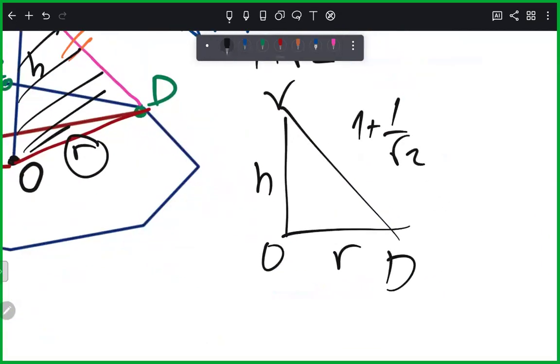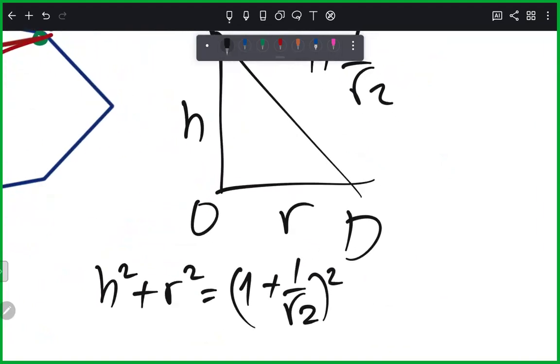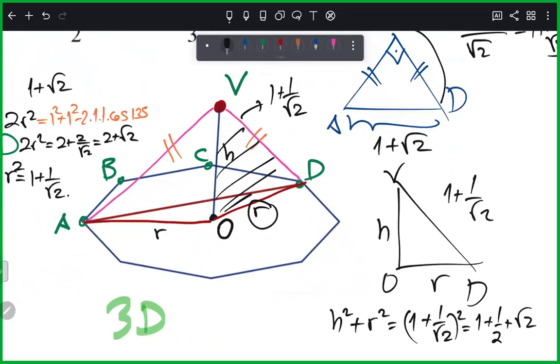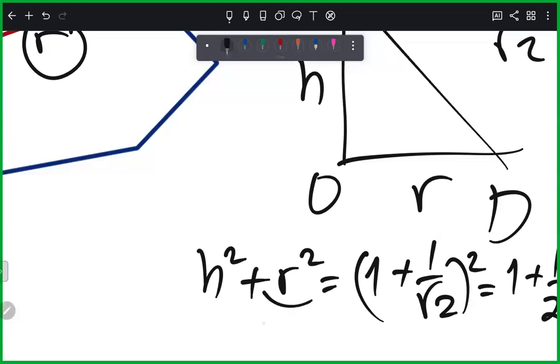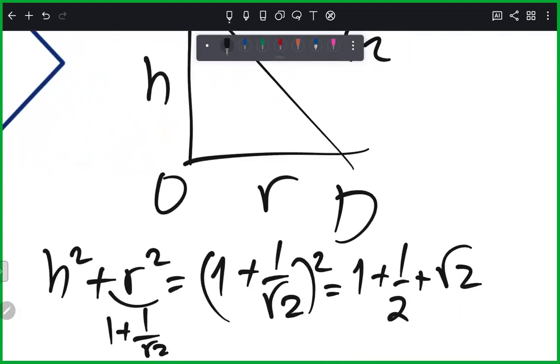Hence, we get H squared plus R squared equals (1 plus 1 over root 2) squared, and this expands as 1 plus 1 over 2 plus root 2. On the other hand, we know that R squared is 1 plus 1 over root 2. Then, writing this and working the equation, we obtain H squared.